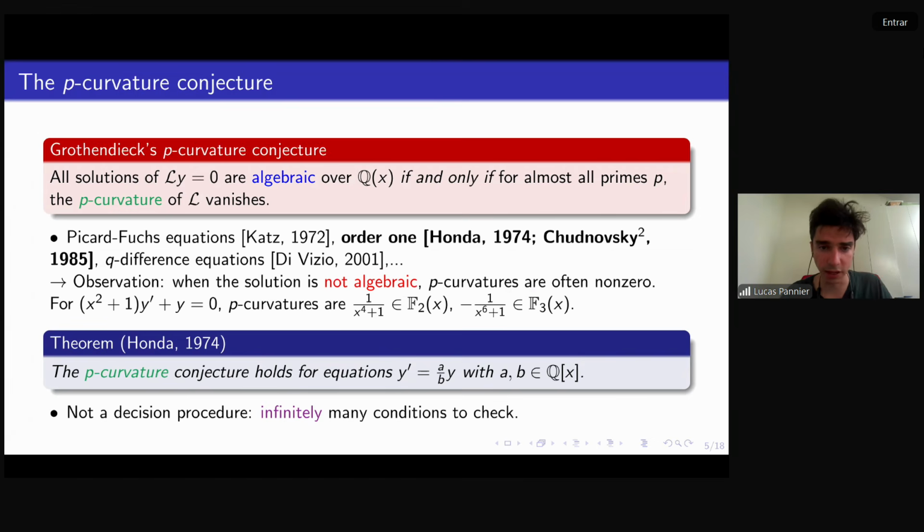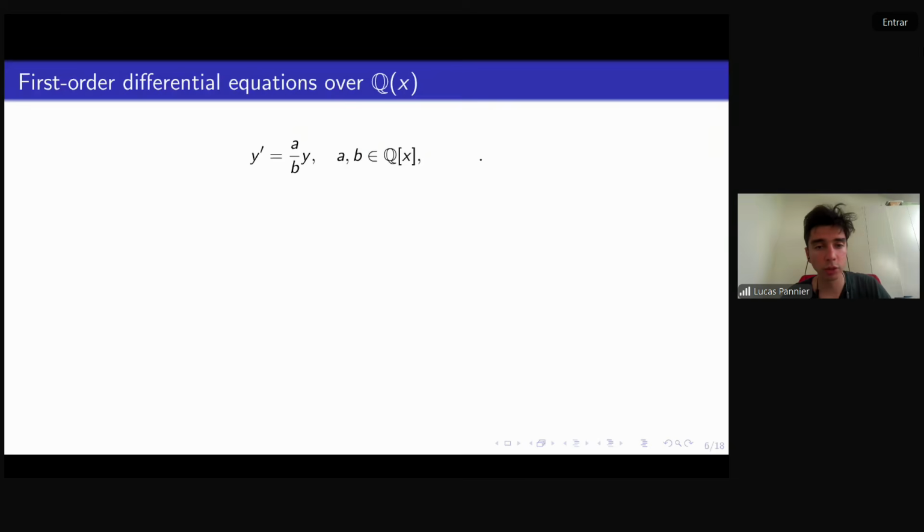So first, let me develop a bit on what Honda did to prove his theorem. I will try to give you an insight on why Honda's theorem is true by just doing a few computations in characteristic 0 first, and then in positive characteristic p.